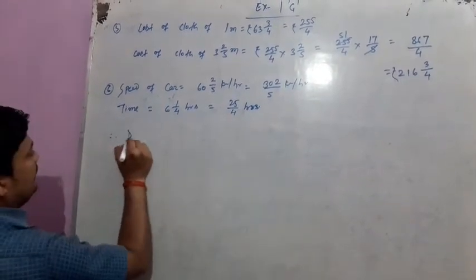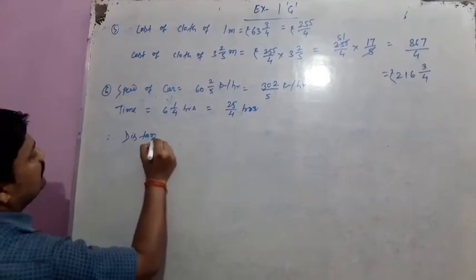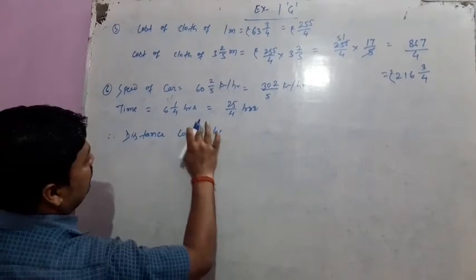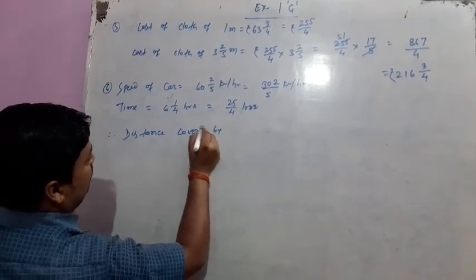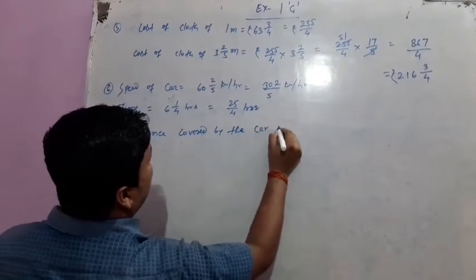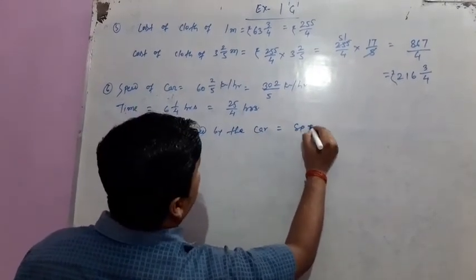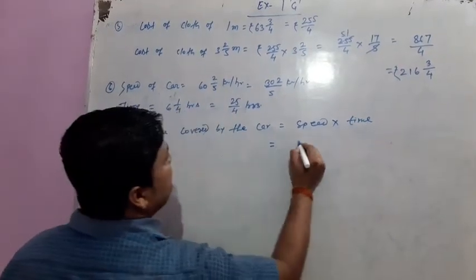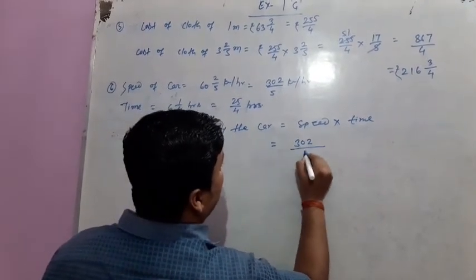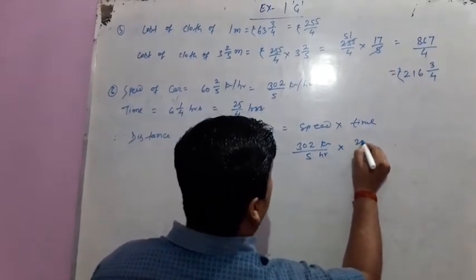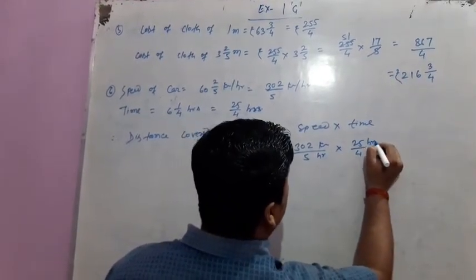Therefore, distance covered by the car is speed into time. Here the speed is 302 by 5 km per hour and the time is 25 by 4 hours.